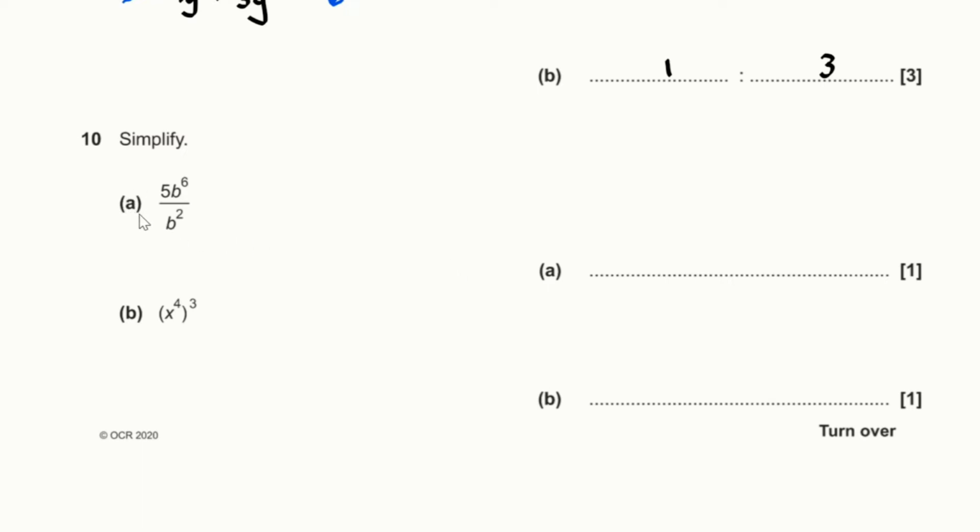Question number 10. For part A, we have to simplify 5b to the 6 divided by b to the power of 2. Well, what this is the same as, if we subtract the powers, is 5b to the power of 6 minus 2, which is 5b to the power of 4.